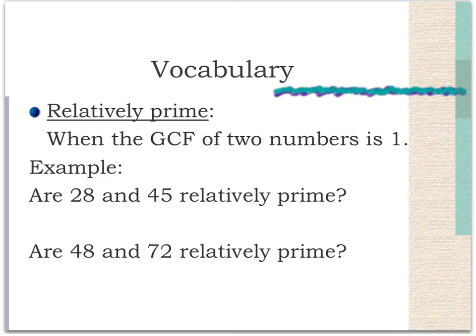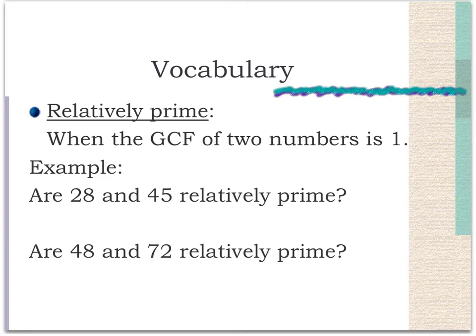The final concept I want to talk about would be the concept or term called relatively prime. And numbers are relatively prime when the GCF of the two numbers is 1. So here's some examples of numbers that would be relatively prime and not relatively prime. I would need to use my ladder method to find out all the prime factors.